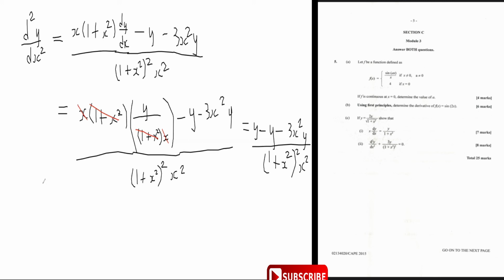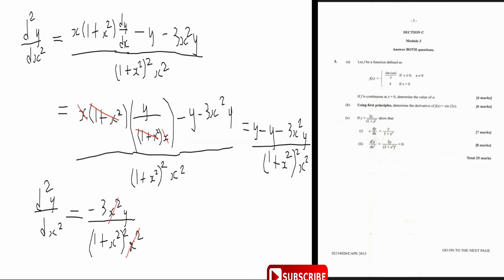So d2y by dx squared is equal to, y minus y cancel, so you get minus 3x squared y over 1 plus x squared, all square, times x squared. Now, as you realize, this x squared cancels this x squared in the numerator.